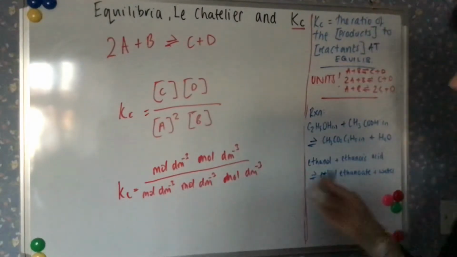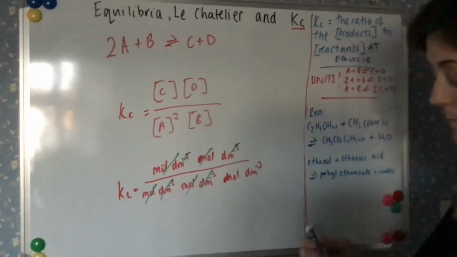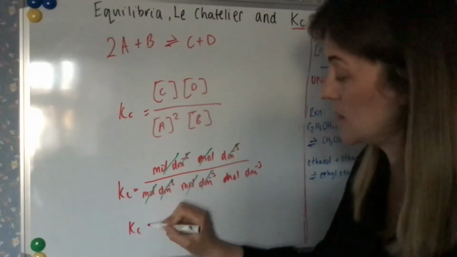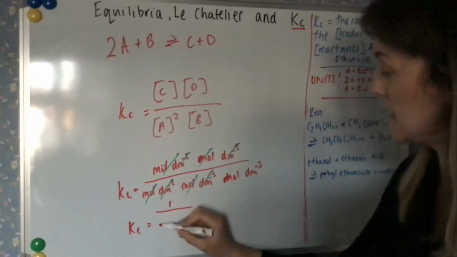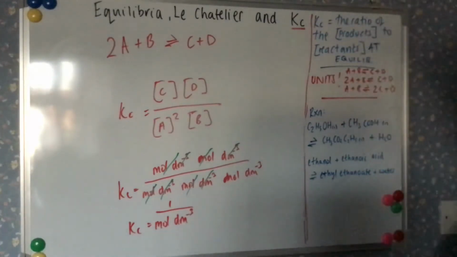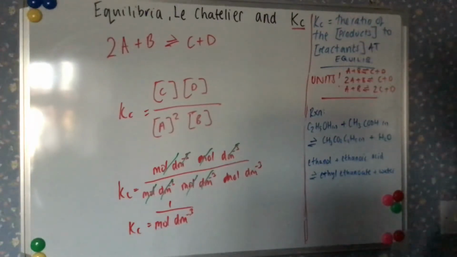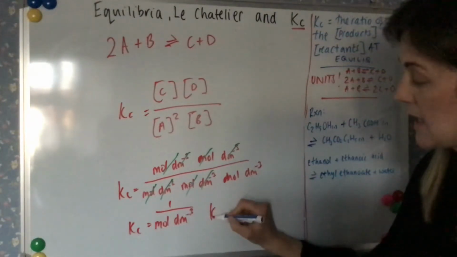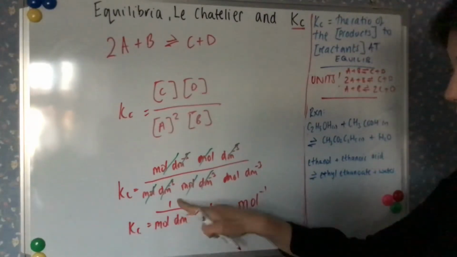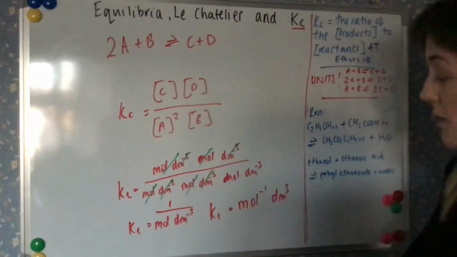And then we can cancel all of that and we're left with, I'm going to go through this step by step because I know some people aren't as happy with maths as others. 1 over mole per decimeters cubed, because this is still below the line, remember, and that's not a unit that we would use, so you need to bring everything above the line, and in order to do that you just take the inverse. So Kc, the units are moles to the -1 because you're bringing that above, decimeters cubed, so you get rid of that minus because you're bringing it above, you're taking the inverse.